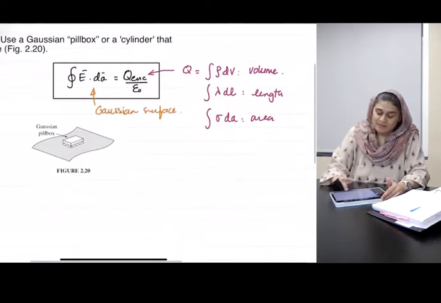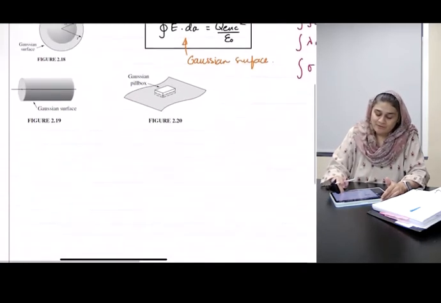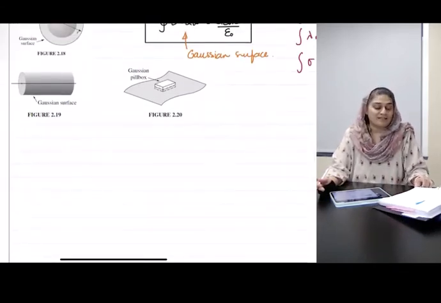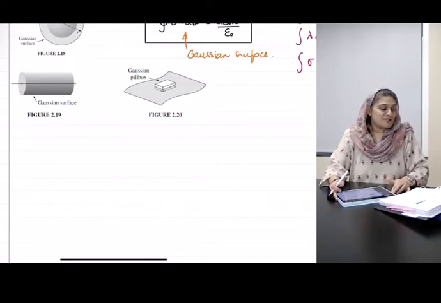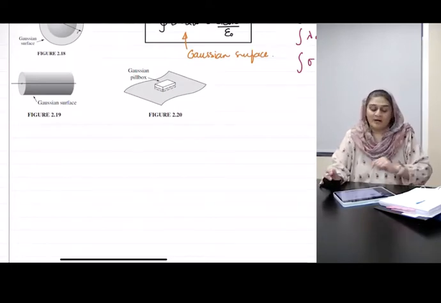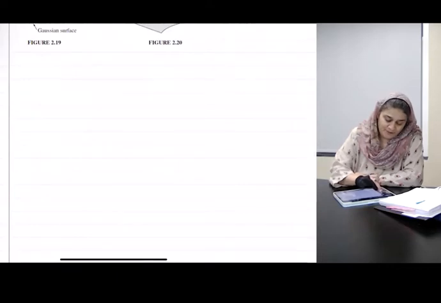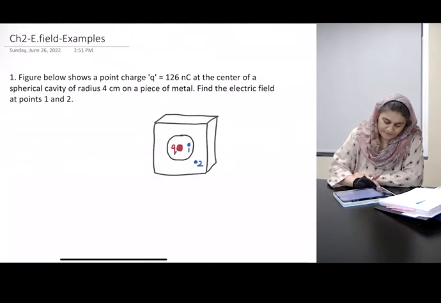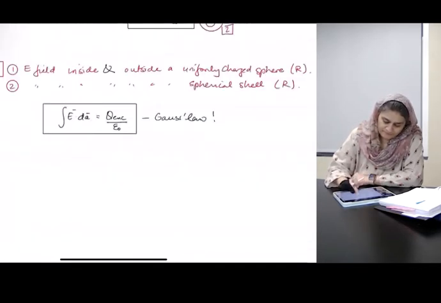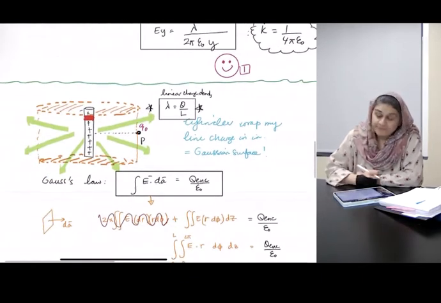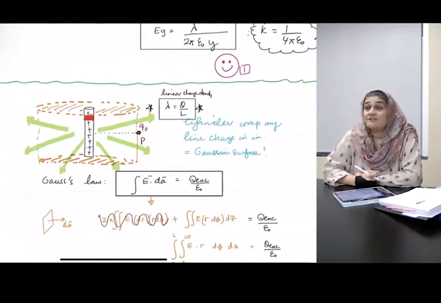Okay, so now let's talk about the different kinds of symmetries that you could possibly have. Let's start with the one we did before, the line of charge, where we did Gauss's law.